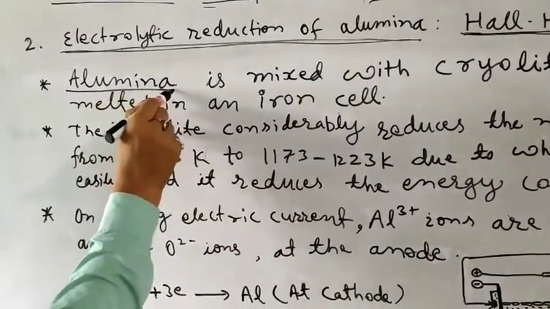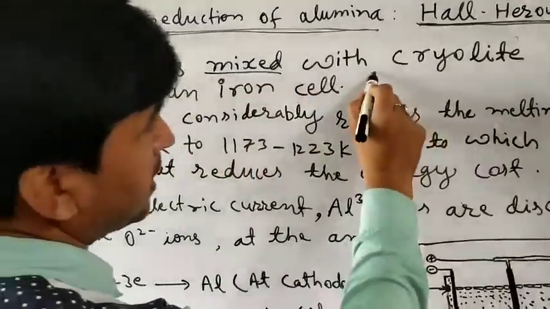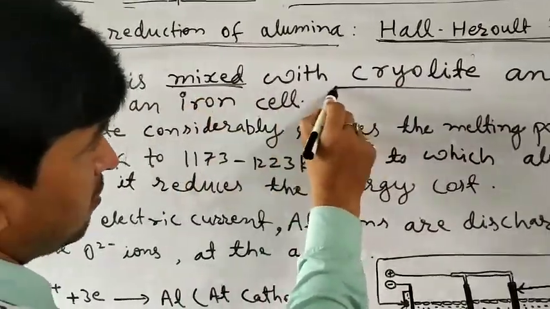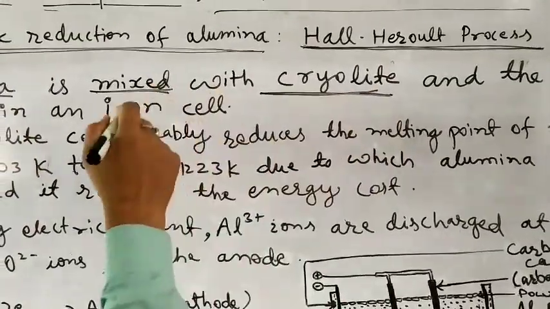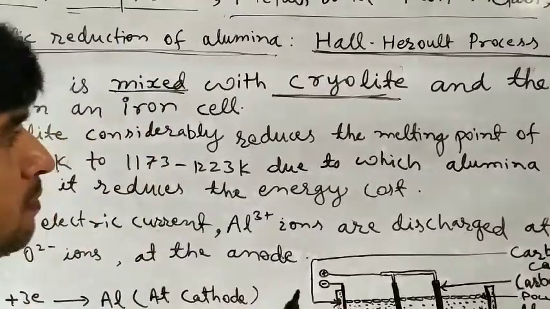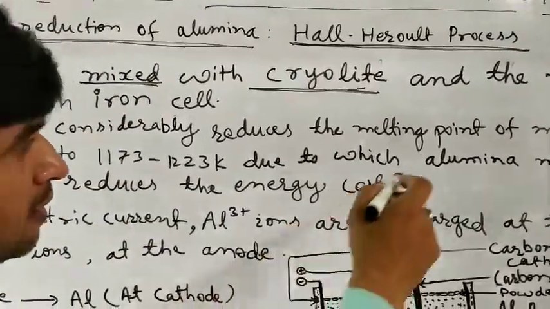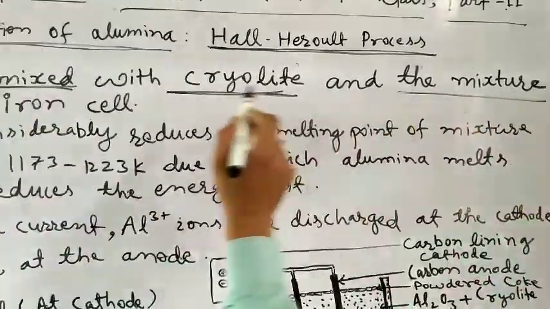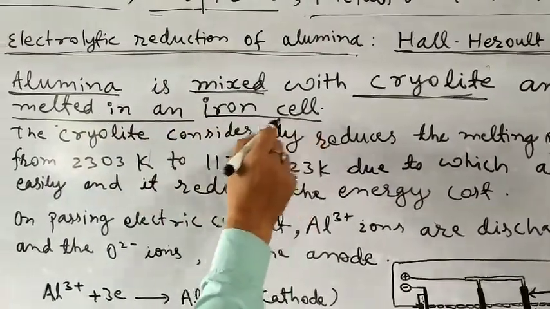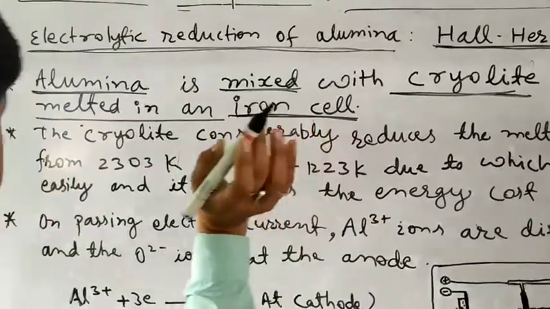First of all, alumina is mixed with cryolite. Why do we mix cryolite? We mix cryolite to decrease the melting point of the mixture, and the mixture is melted in an iron cell.